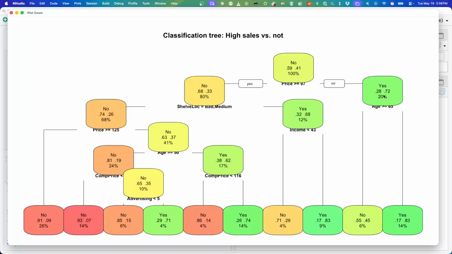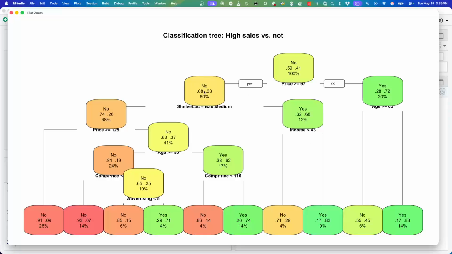So every node tells us the percentage of the total data that is represented by a particular split. So if I were to add the terminal node percentages, these leaves, this would all add up to 100% at the end. Okay?